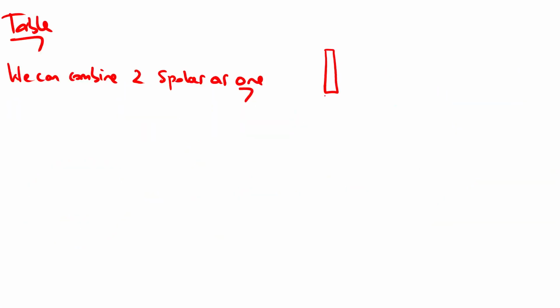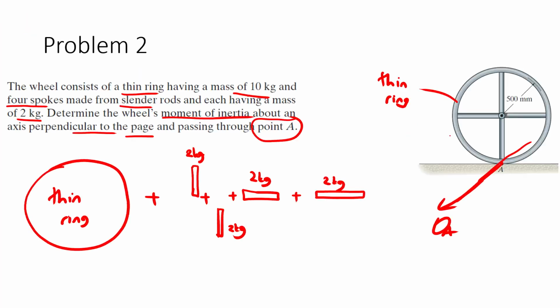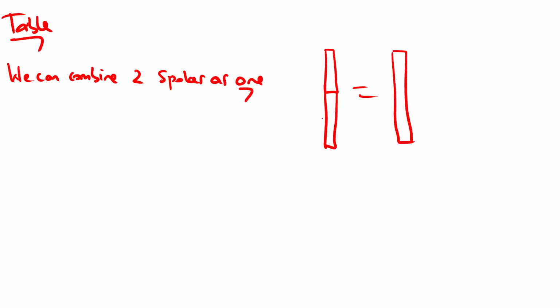But if you come back here, we can combine two spokes as one, because it will not create any problem. So this will be spoke 1, spoke 2, and that is like having only one spoke. Similarly we will have this spoke.